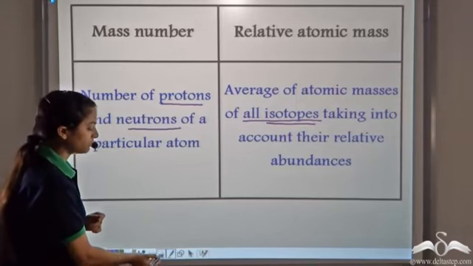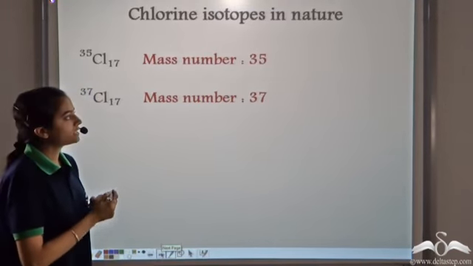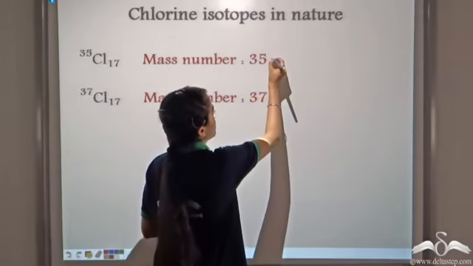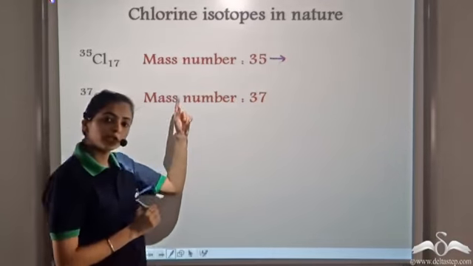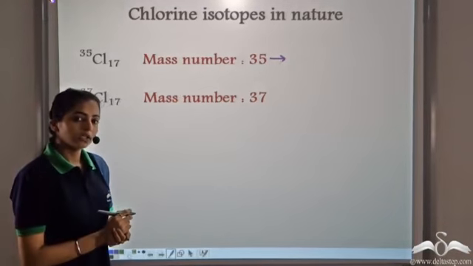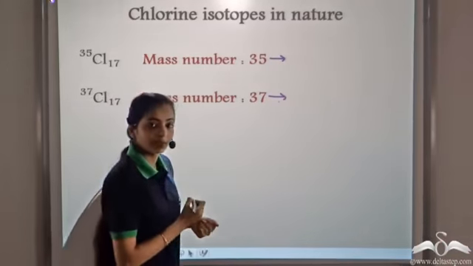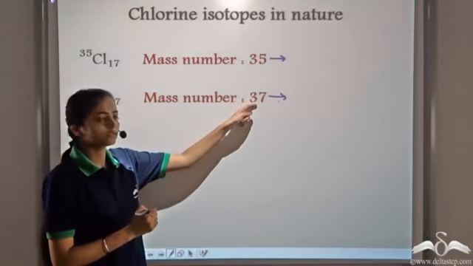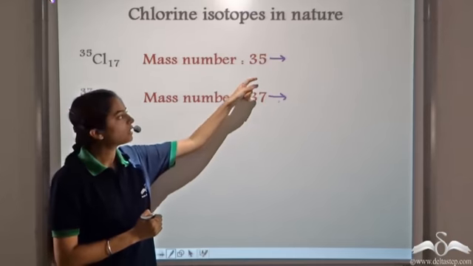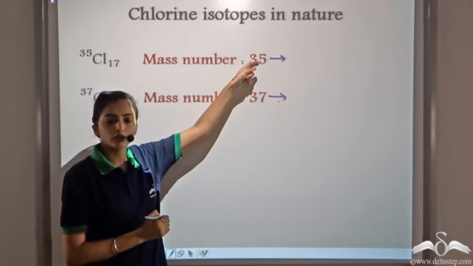So when we talk of chlorine, we see that the mass number of the first isotope is 35. The mass number of the second isotope is 37. But this is not the relative atomic mass of chlorine.